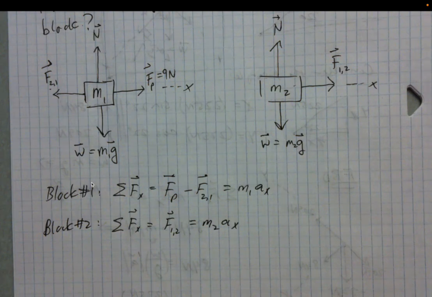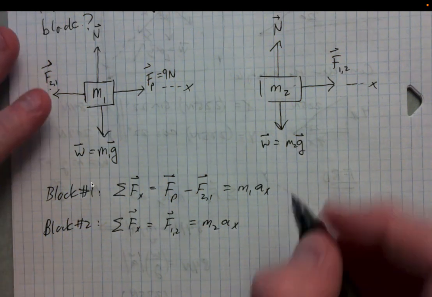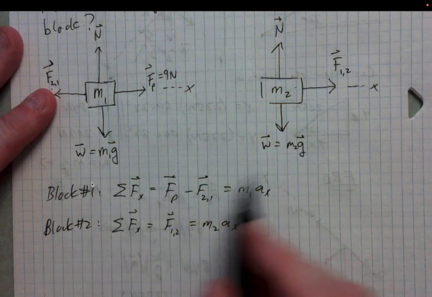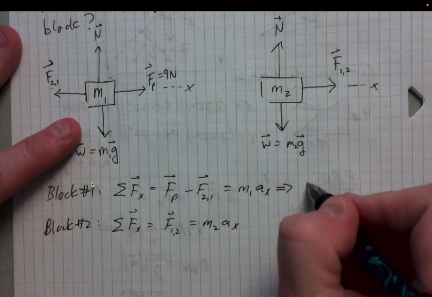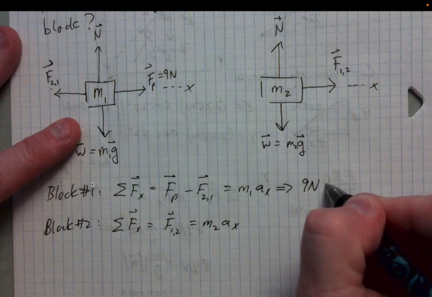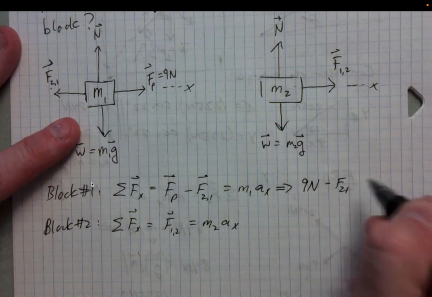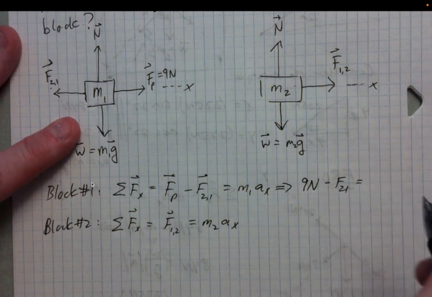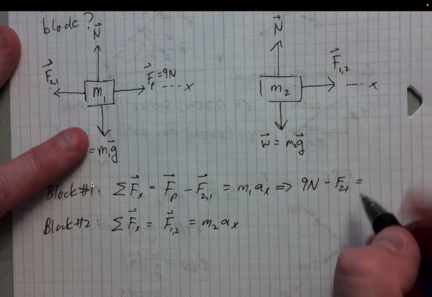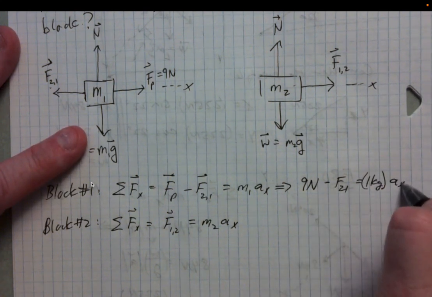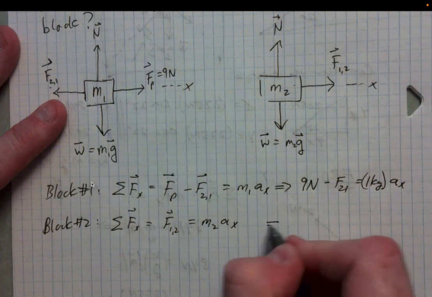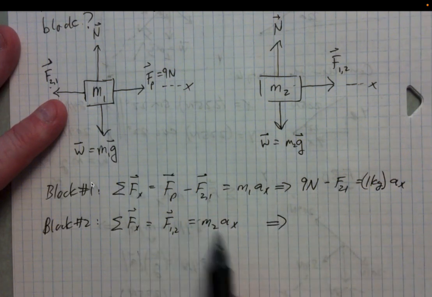Okay. Now, we can substitute some more things in here. We could say that this is 9 newtons minus F21 equals what? 1 kilogram times a sub x. And here we can add in the mass here.